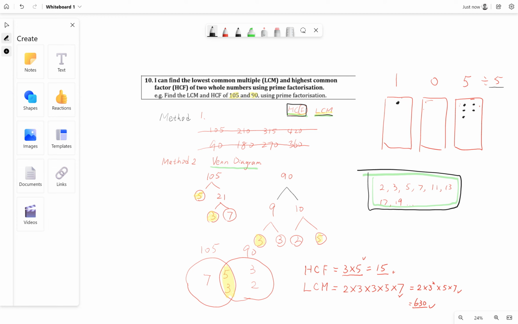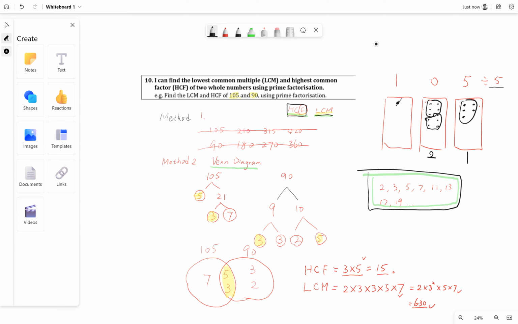Each group gets 10 tenths, then 5, and then 5. So in total, you have 21 in each group. That's why it's 21.